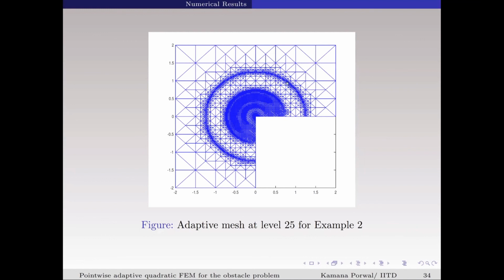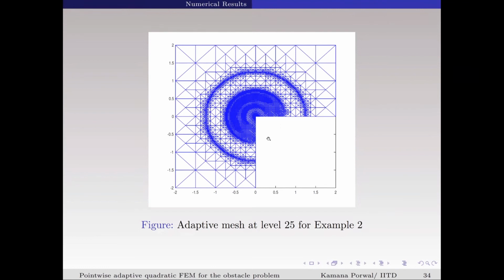This refinement is because the function f itself is like a Dirac function. So this figure illustrates that the error estimator eta h captures the singular behavior of the discrete solution quite well.